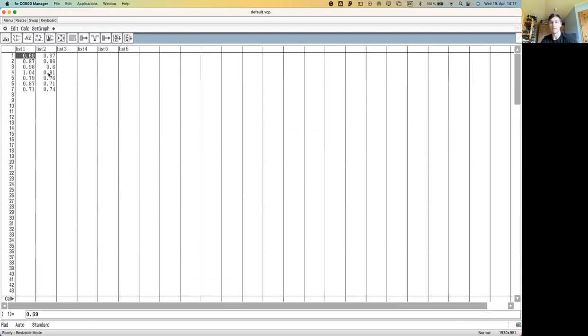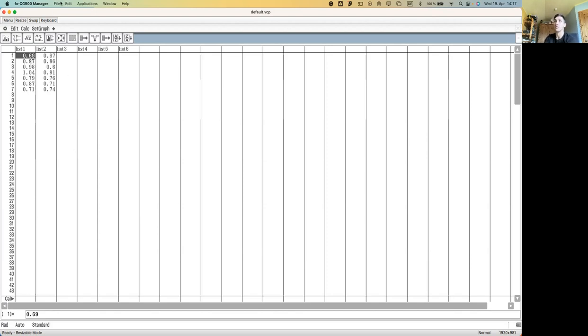But I would advise if your calculator is different to mine, just Google or YouTube how to run this test, and it'll be pretty clear. Okay, so I've already gone in and put in the data from the table here. So we had 7 lots of data. This list 1 here is for talking on the mobile phone, and list 2 is for talking to a passenger.